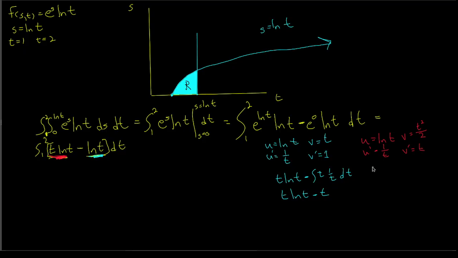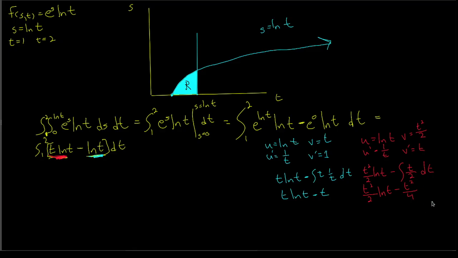So that means u times v is t squared over 2 natural log of t minus v du, or t over 2 dt. So that's going to give us t squared over 2 ln t minus t squared over 4.